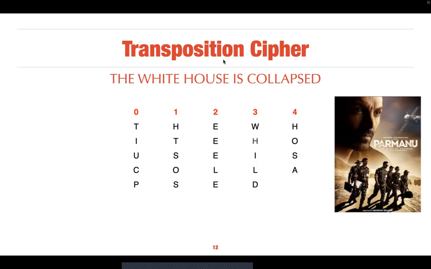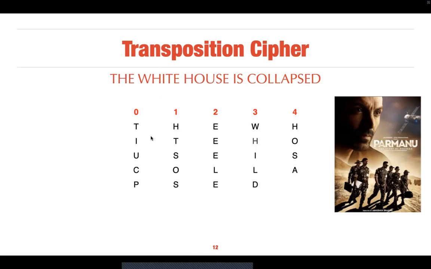So basically, what is a transposition cipher? It is rearranging the order of the letters of a string. For example, the White House is collapsed. The letters will be the same, but they will be rearranged in a specific manner. So how will we do it?